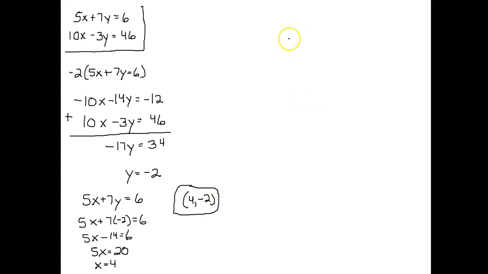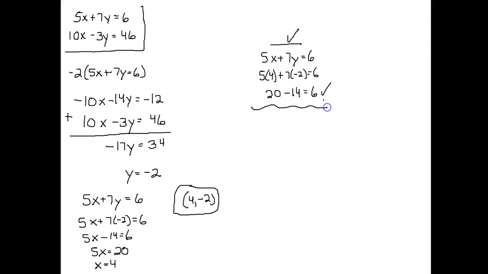And that ordered pair works in both equations. Go back to the 5x plus 7y equals 6. Plug in the 4. Plug in the -2. I've got 20 minus 14, which is indeed 6.